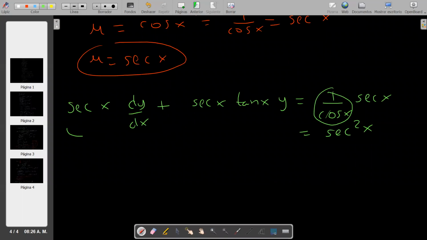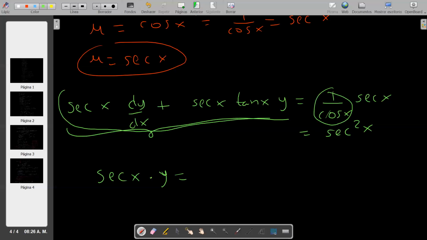And just remember, the left side will always be equal to what? The integrating factor times y. So we forget about all this expression, and we just write the integrating factor times y, and that will be equal to the integral of secant square of x dx, right?